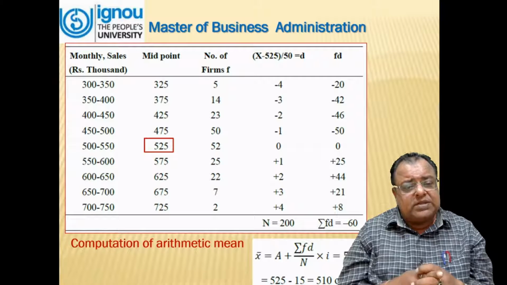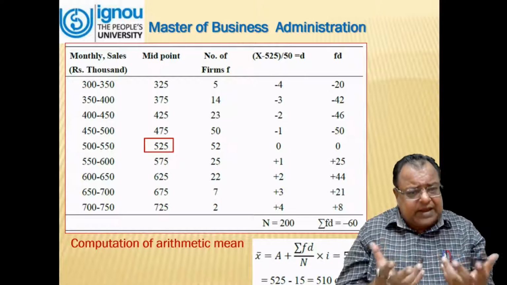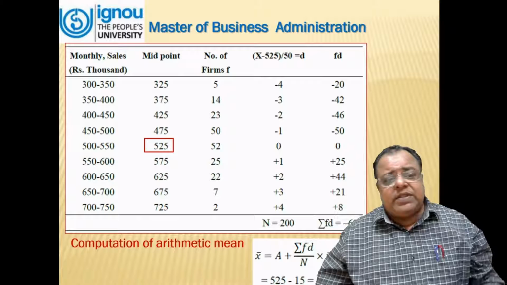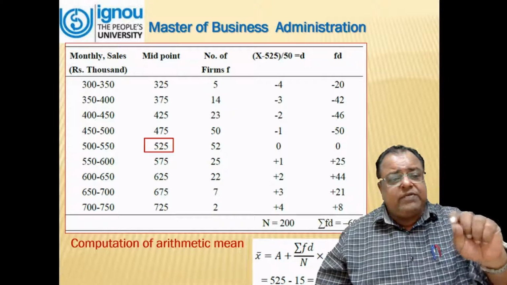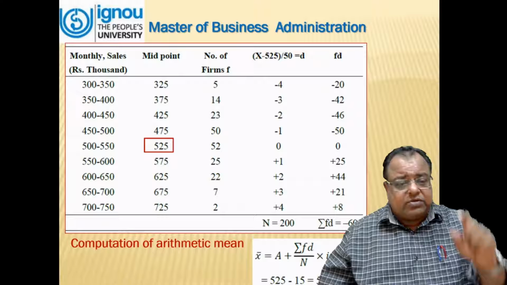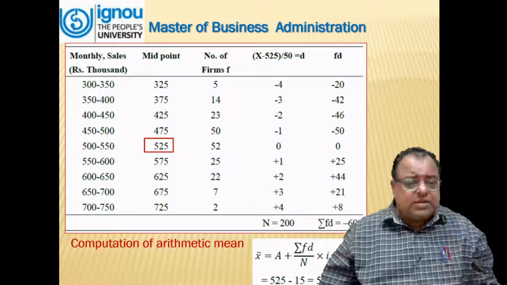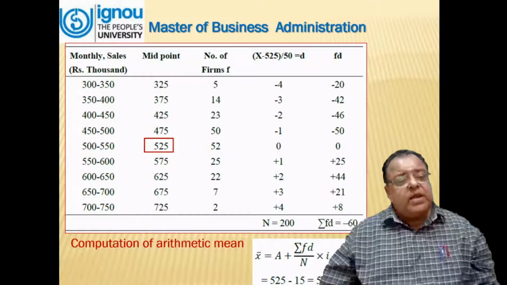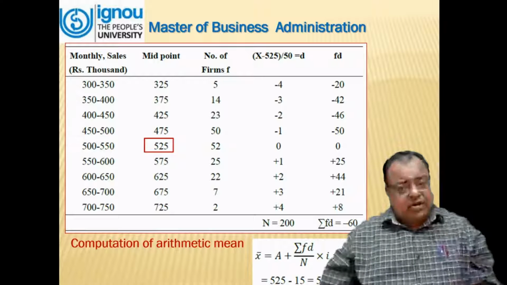This comes out to be 325. And to make it easier, we will find out the difference between the class intervals, that is 350 minus 300, that is 50. So we will add 50 to all these mid values. That means 325 plus 50 is 375, 375 plus 50 is 425, and similarly we will write it for all.